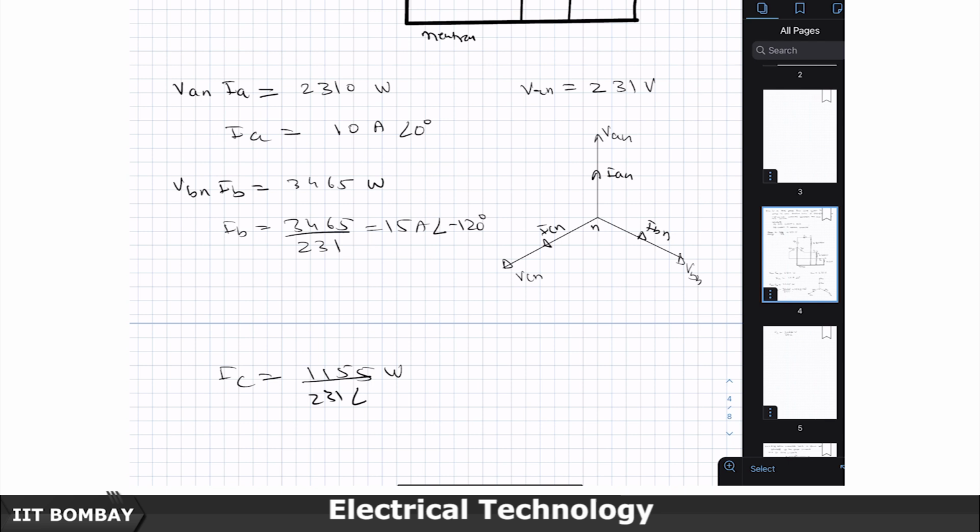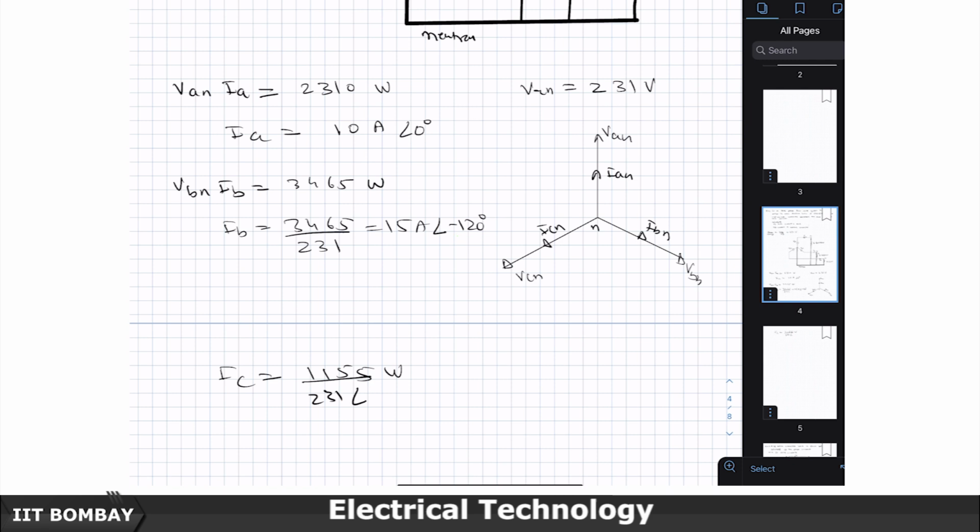I first look at the product of VBN into IBN. Magnitude of VBN into magnitude of IBN is equal to 3465, because the power factor is 1. So, the magnitude of IBN is 3465 by 231, which is 15 amperes, and I know that it is in phase with VBN, so I write it as minus 120 degrees. I should not directly put this angle here.